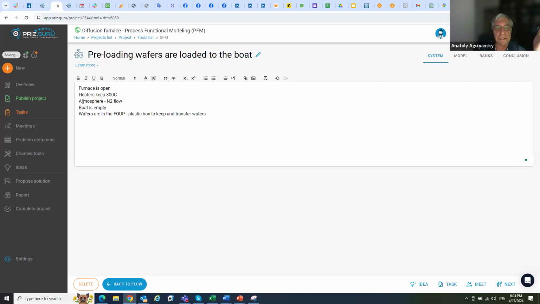So we need to pick up wafers and place them to the boat. Clear, yeah. Everything is clear.